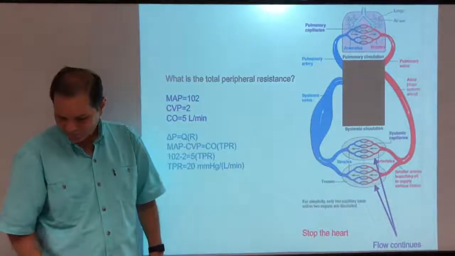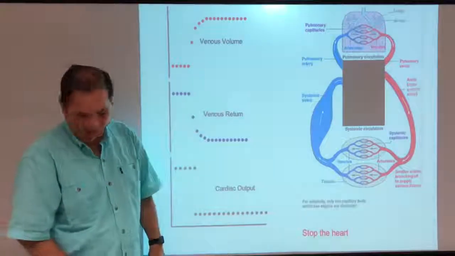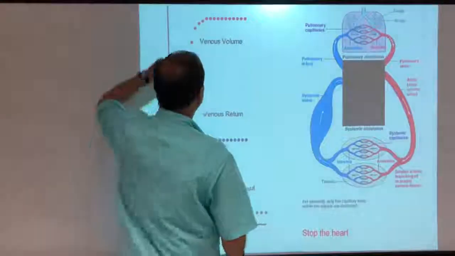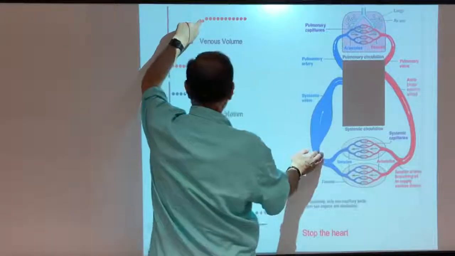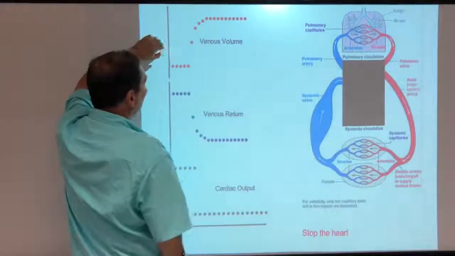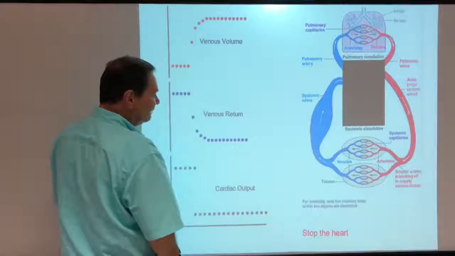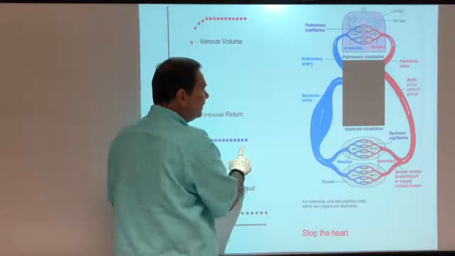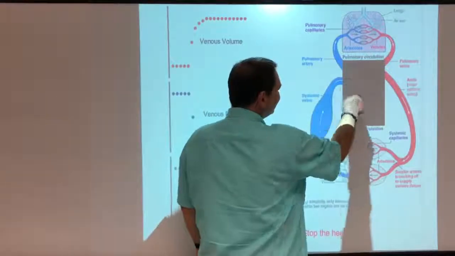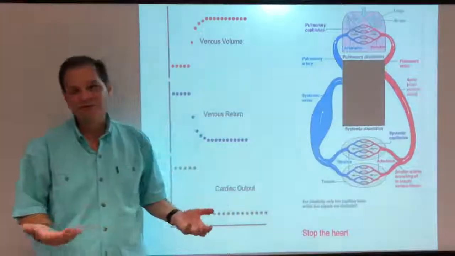So what happens is flow continues, and you get an increase in venous volume as blood flows from the arteries to the veins, and you get a decrease in the venous return because blood flows to the ventricle but it's not pumped out, so it just stops.